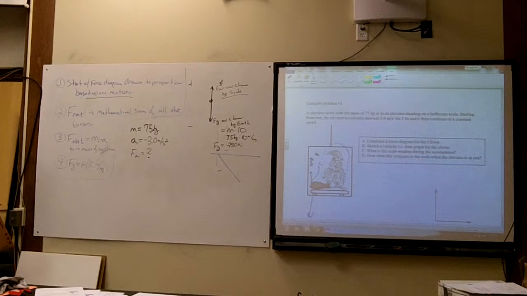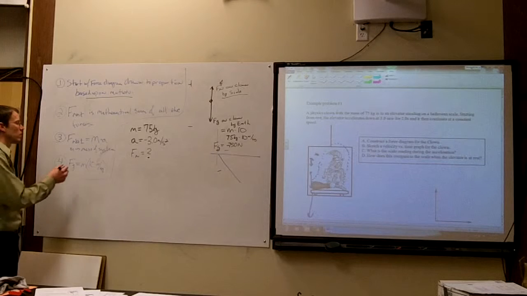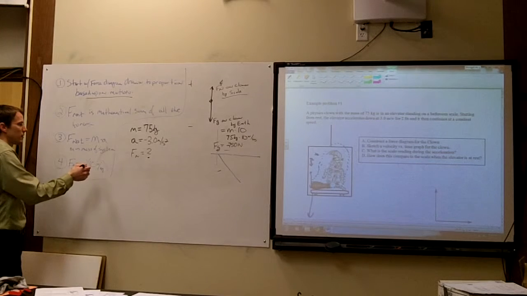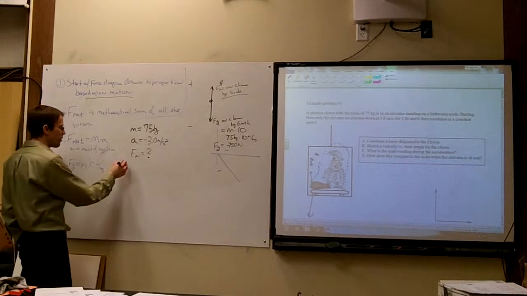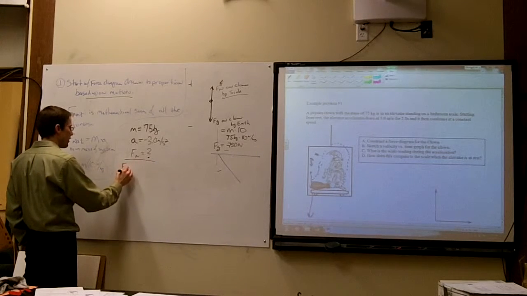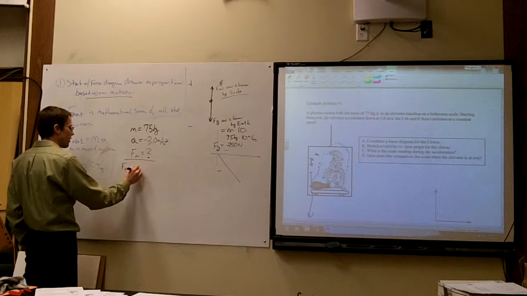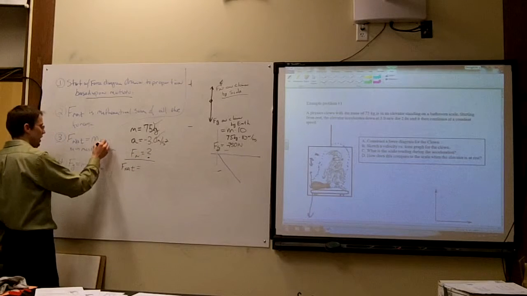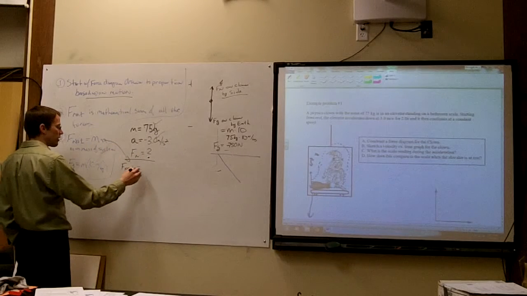We take the mass of the system, which is 75 kilograms, times our -3 meters per second squared to get the force net. All right, so let's go ahead and do that. We can find force net because we know our mass, right? And we know acceleration.